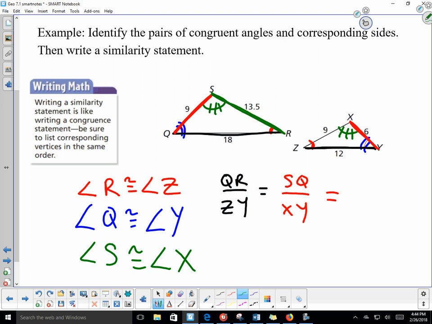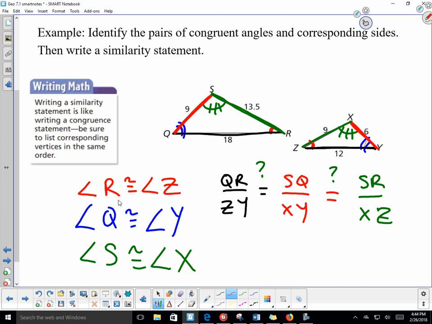So that would be SR and XZ. Let's see if these proportions are really equal so that we can verify if these two triangles are similar. Let's fill in the lengths and see if we get the same fraction for each one.